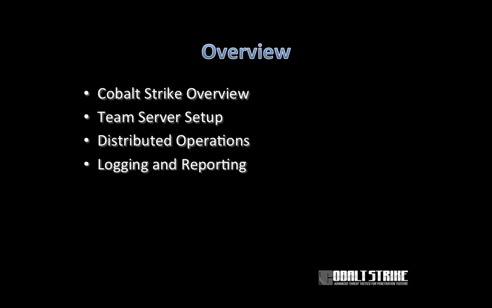There, I will also give you best practices for organizing your Cobalt Strike team server infrastructure and organizing your team into different roles. Finally, we'll wrap up this lecture by talking about how Cobalt Strike handles logging and reporting for its adversary simulation and red team operation use cases.